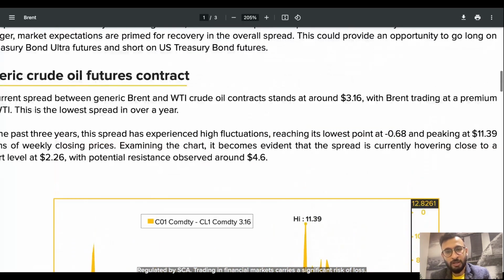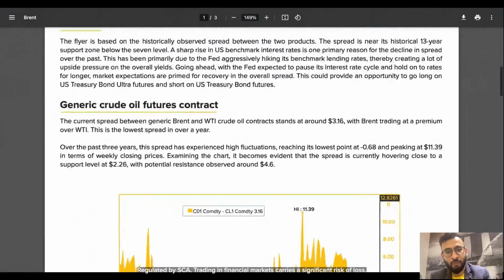So the pair trades over here mostly happen around expecting whether this price difference will increase or reduce. Over the past 3 years, this price difference between Brent oil and WTI has experienced high fluctuations. The lowest was minus 0.6, which means at one point of time WTI was more expensive than Brent. On the higher side, Brent went $11 higher than WTI.